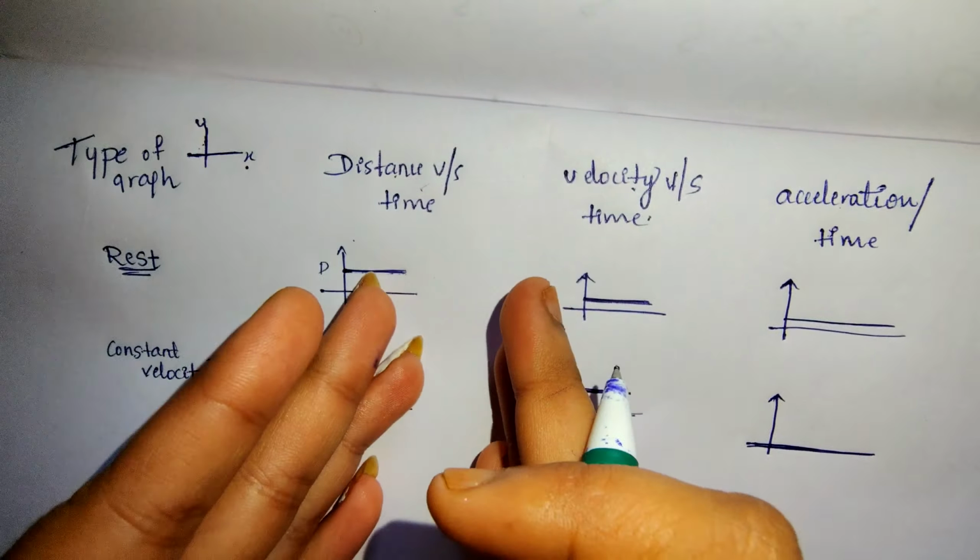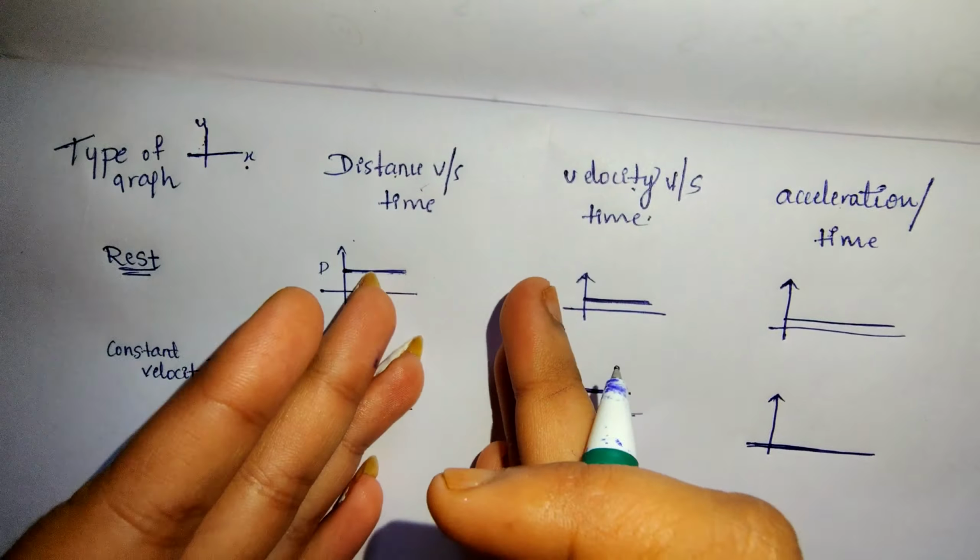That is, this distance time graph shows constant velocity, this shows the body at rest, this shows constant acceleration. You should know the reverse also. If they give the graph, you must identify which condition it is, or if they give the condition, you must be able to draw the graph.